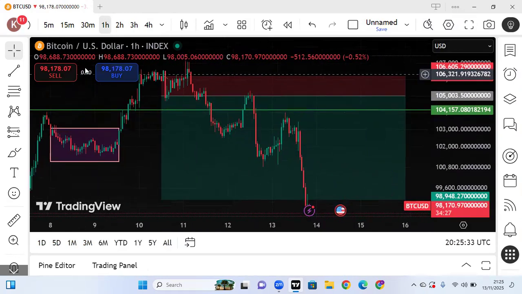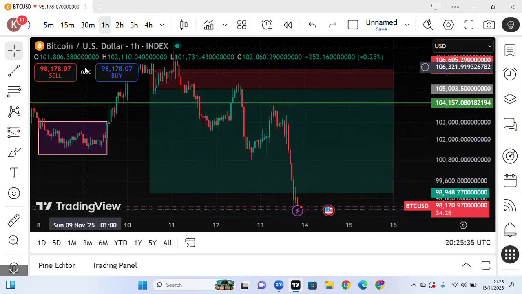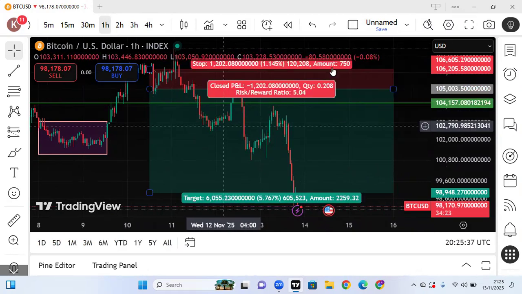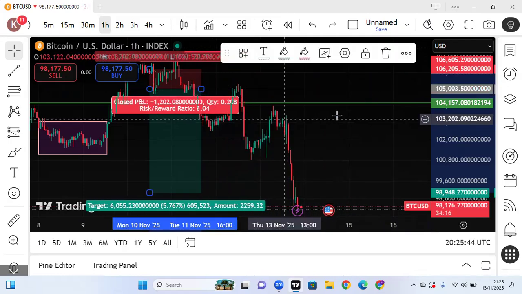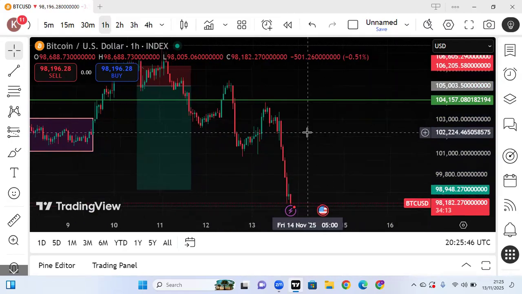Where is BTC here? This is BTC here. If you look at this trade, let me remove this, you see that there's an equal high in this place.